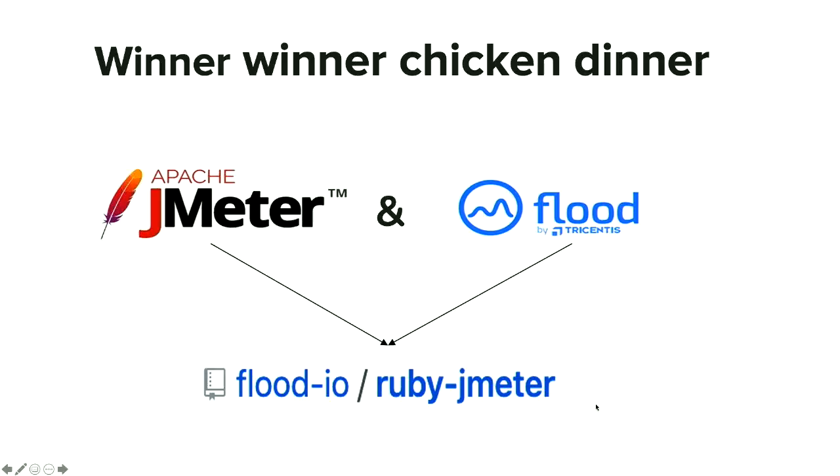The winner in our case is JMeter for describing the traffic, which means generating test plans, because it has the largest user base and really good dashboards we can use. We've also chosen Flat.io, which is also one of our sponsors here, because it comes with a really good open source gem called Ruby JMeter.